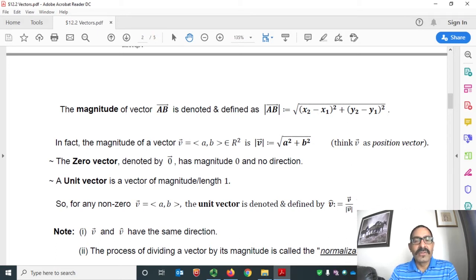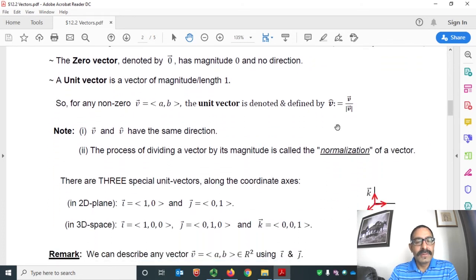So the total magnitude turns out to be 1. Note, V and its unit vector have the same direction. Note number 2, the process of dividing a vector by its magnitude is called the normalization of a vector. Great. I know there are lots of definitions.